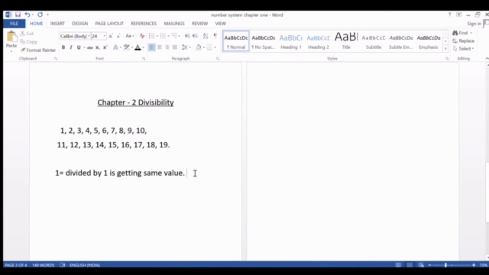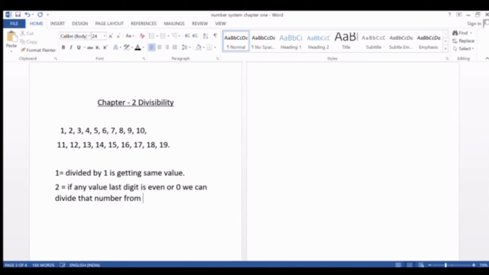If the last digit of a number is even, or the last digit is 0, you can easily divide it by 2. That is the divisibility rule of 2. I hope you understand the divisibility rule of 2.